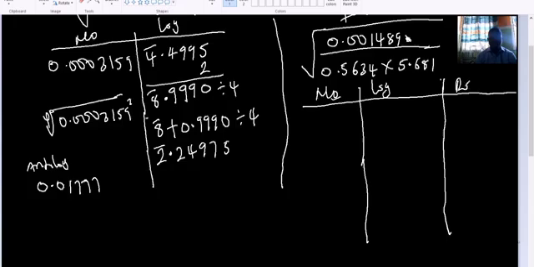You can put results here. So you have 0.001489. So you do this one first.